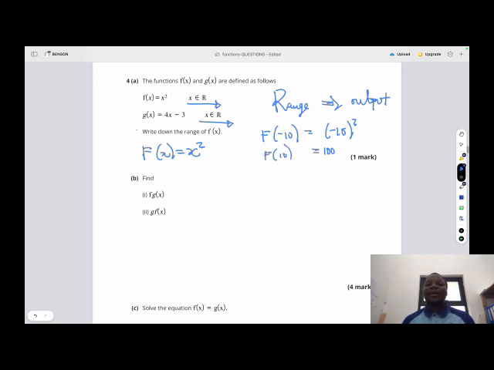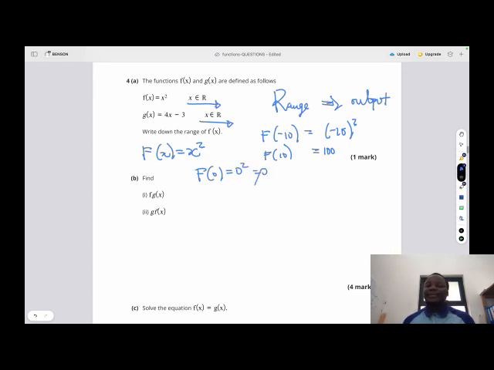So it simply means all negative values are not going to have an effect on the outcome, because they will all come out positive. The range of this function will start at 0, because if we say f of 0, we get 0 squared, which is 0.